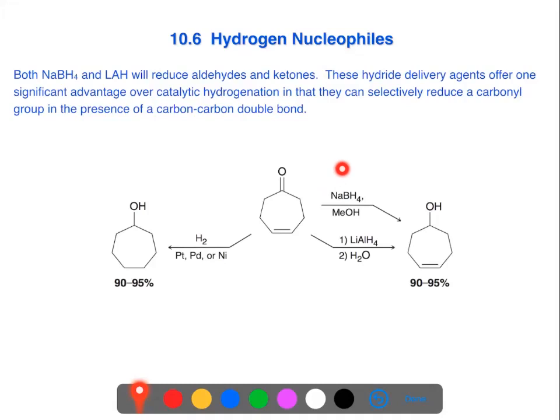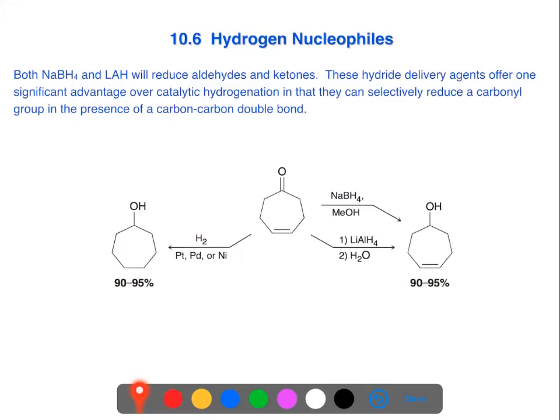So if we use our new hydrogen nucleophiles, our new hydride delivery agents, both sodium borohydride in the presence of a protic polar solvent or lithium aluminum hydride carried out in two separate steps will produce the subsequent alcohol, but it will remain unchanged at the alkenyl part of that molecule.